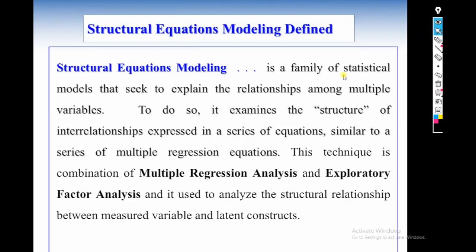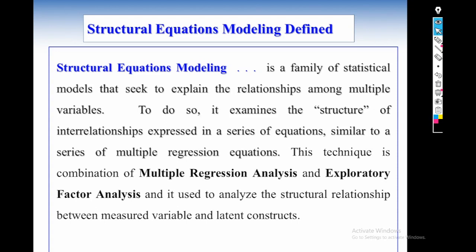Now we can see the definition of structural equation modeling. Structural equation modeling is a family of statistical models that seek to explain the relationship among multiple variables. Multiple variables means y equals beta 0 plus beta 1 x1 plus beta 2 x2, and a large number of equations.